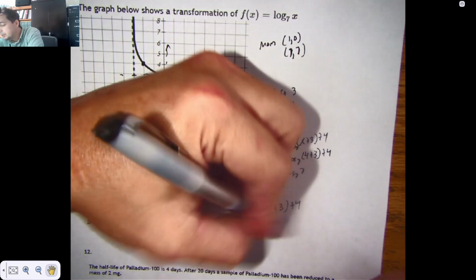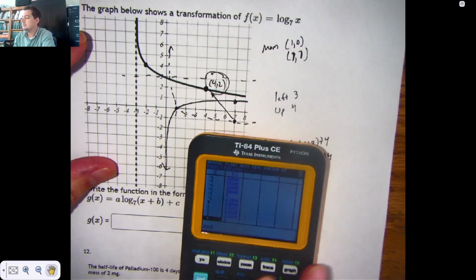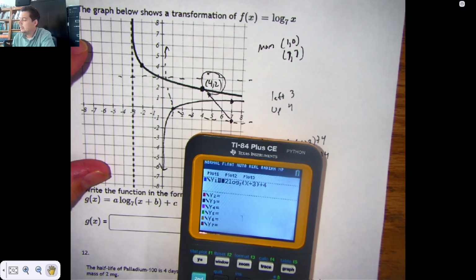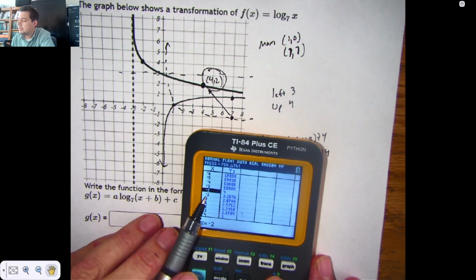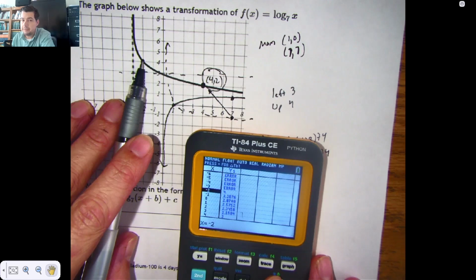Now, if you have any questions on whether what you write is right, go to y equals and type the thing in. You can check your table out real quick, and you'll see that we do contain that point negative 2, 4, which we identified.